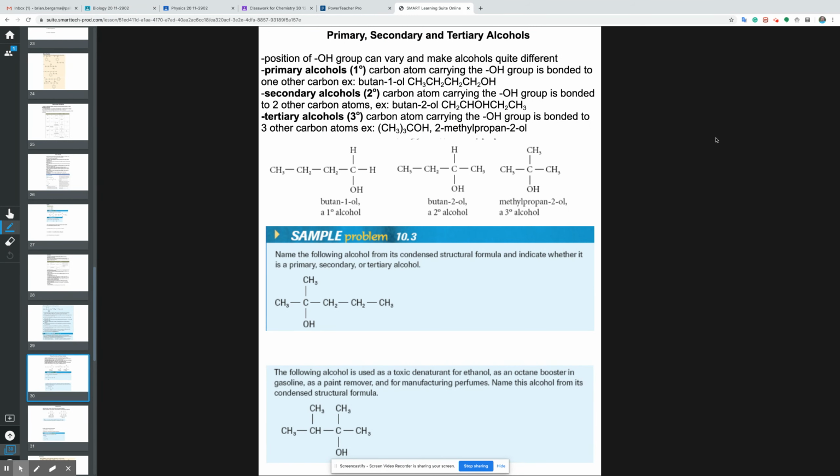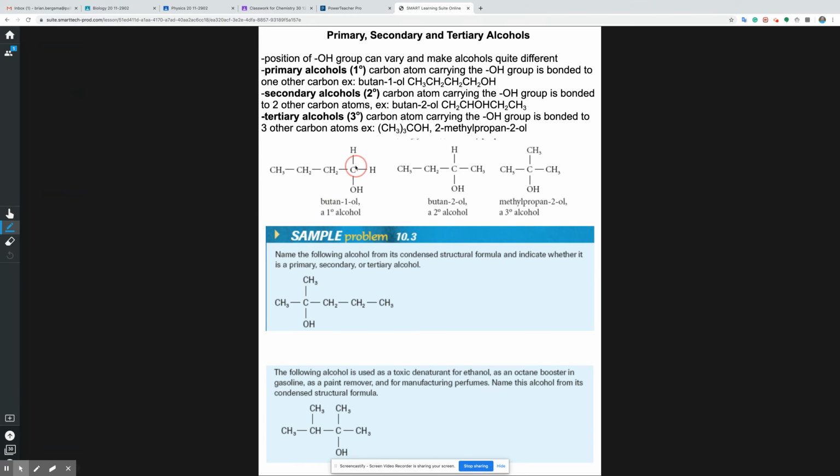Okay, with alcohols, sometimes we can have more than one hydroxyl group. We can characterize different types of alcohols as primary, secondary, and tertiary alcohols. So a primary alcohol, or 1 degree, is where the carbon atom carrying the hydroxyl group is bonded to one other carbon atom. As we see here, we're always looking at what this carbon is bonded to. It's only bonded to one other carbon atom, so this is our primary alcohol.